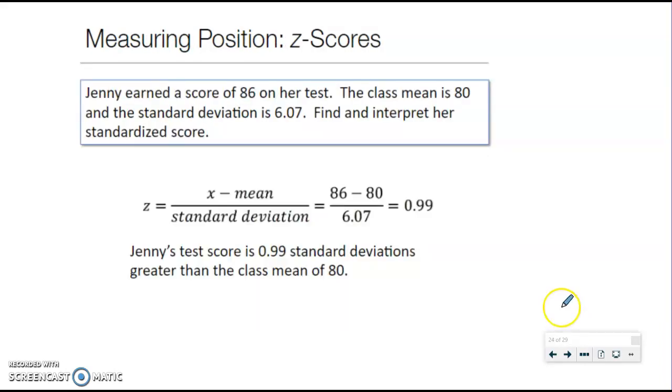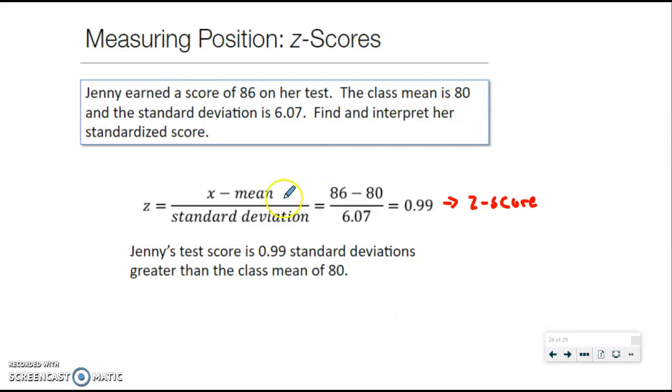To give you an example, looking back at Jenny, she scored an 86 on her test. The class mean was 80, and the standard deviation was 6.07. So we took 86 minus 80 and divided it by 6.07. Her z-score turns out to be 0.99.